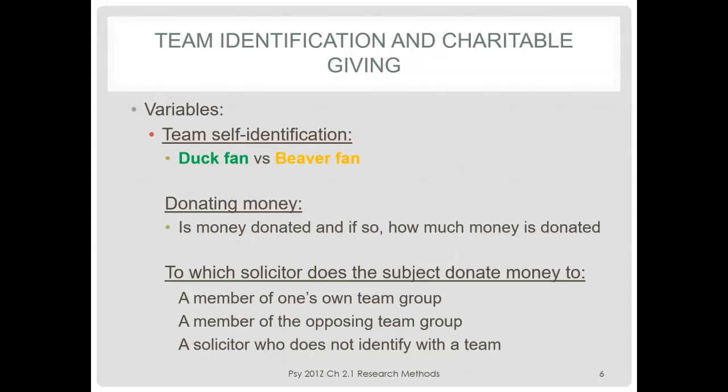The third variable is solicitor. Which solicitor does the subject donate money to? So let's say we're collecting for the American Heart Association, but it's going to be just normal people soliciting money as volunteers. So, is a Duck fan more likely to give to a member of their own team, or a member of the opposing team, or a solicitor who doesn't identify with any team?